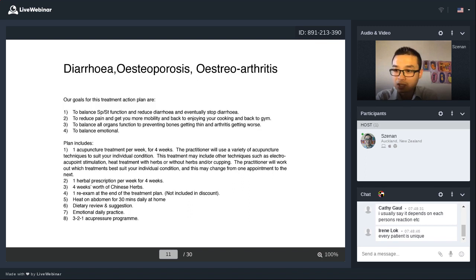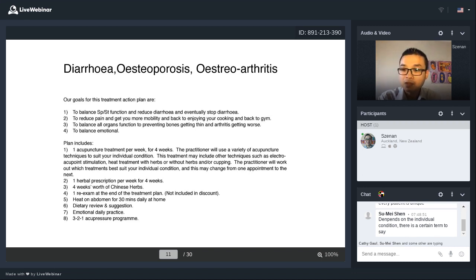I usually say it depends on each person's reactions. Every patient is unique. Yep, it depends on the individual conditions.